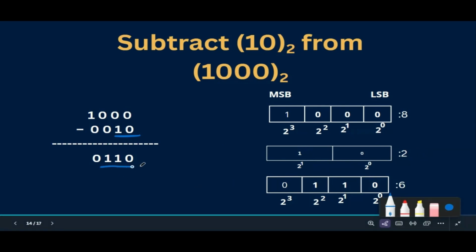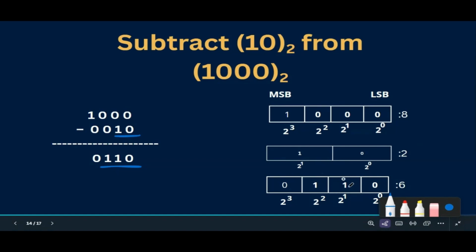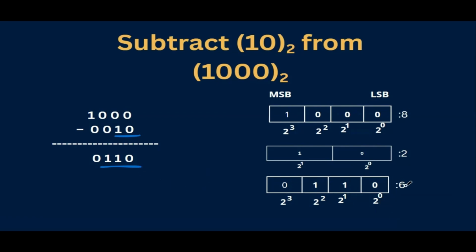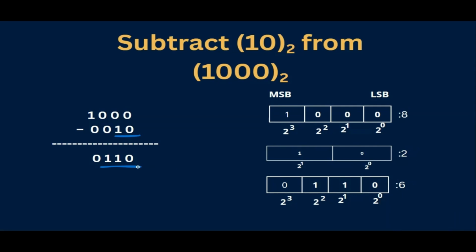Then 0110, that is equivalent to 1 into 2 square plus 1 into 2, that is 4 plus 2, which is equal to 6. So 0110 is equivalent to 6. So here we see 8 minus 2 is equal to 6, that is what we have obtained here, and hence we have verified our result.